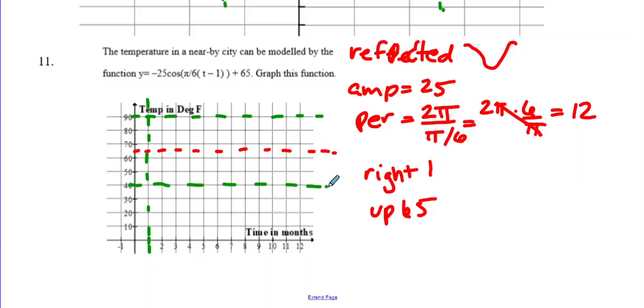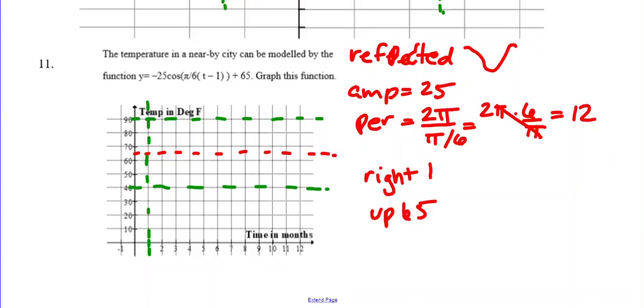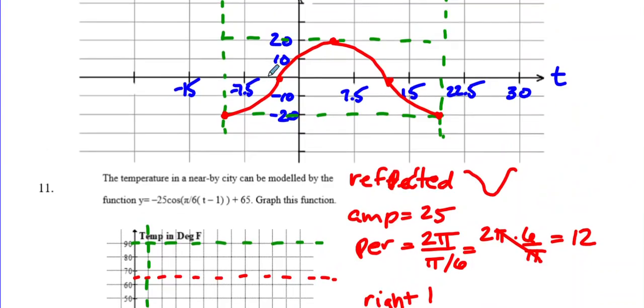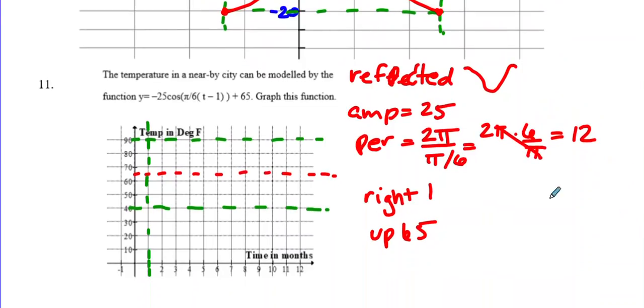Now this graph is already made for me, so I need to figure out how much I'm going each time. My whole period is 12, and every graph is cut into 1, 2, 3, 4 pieces. So each piece of the graph will be 12 divided by 4, so it will be 3 months.